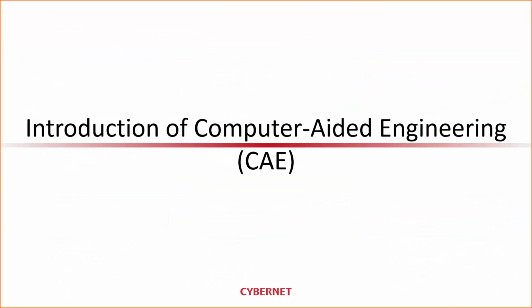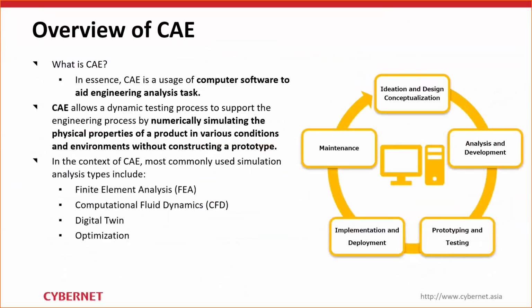Okay, now let's talk a little bit about computer-aided engineering, or CAE for short. So what is computer-aided engineering? In essence, CAE is the usage of computer software to aid engineering analysis tasks. It is a term used to describe the procedure of the entire product engineering process, from design and virtual testing all the way to the planning of manufacturing.